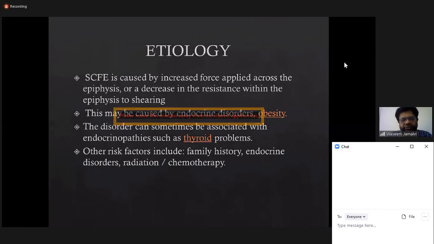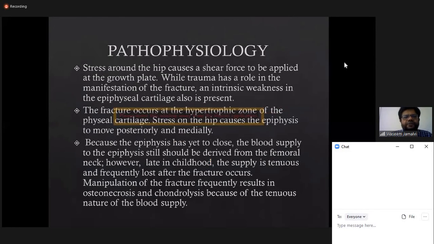In the treatment of short stature children, there may be chances of femoral epiphysis slip. In pathophysiology, there may be trauma to the growth plate, the epiphysis or the cartilage. So intrinsic weakness of the epiphyseal cartilage is also present.